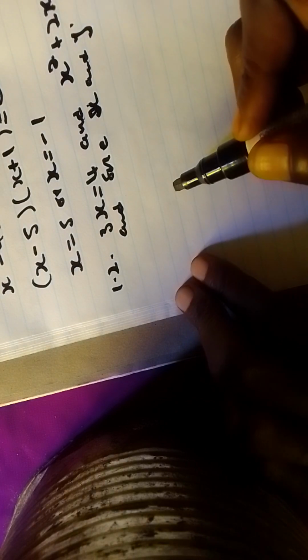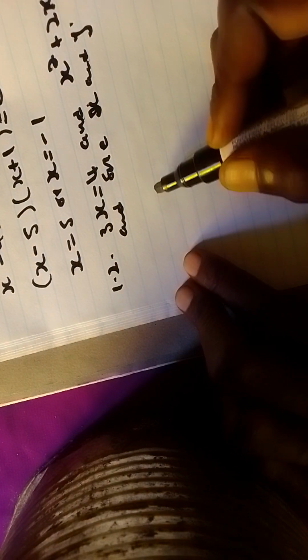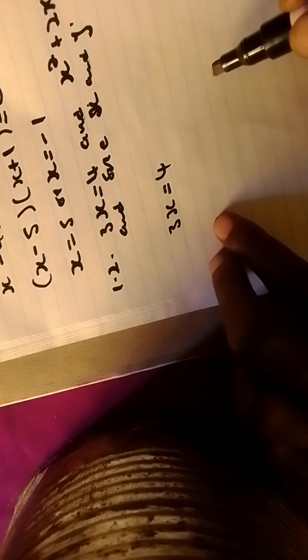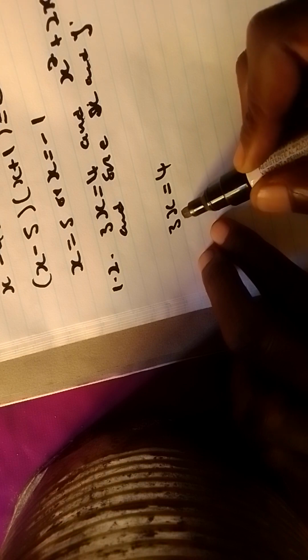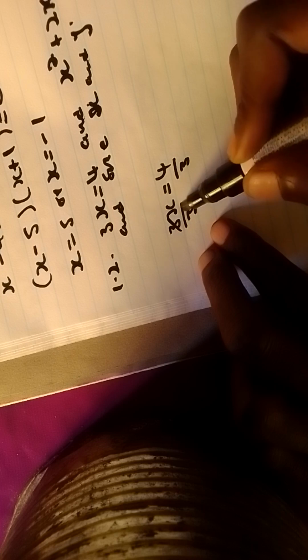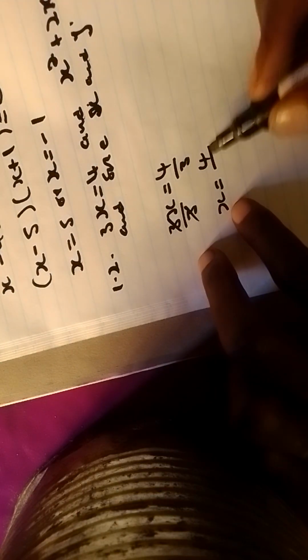Now we have two equations, you can see. The first is 3x is equal to 4. Now we have to simplify this one. We divide everything by 3. Now we're going to have what? x is equal to 4 divided by 3, which is our equation number 1. Our equation 2 will remain the same.